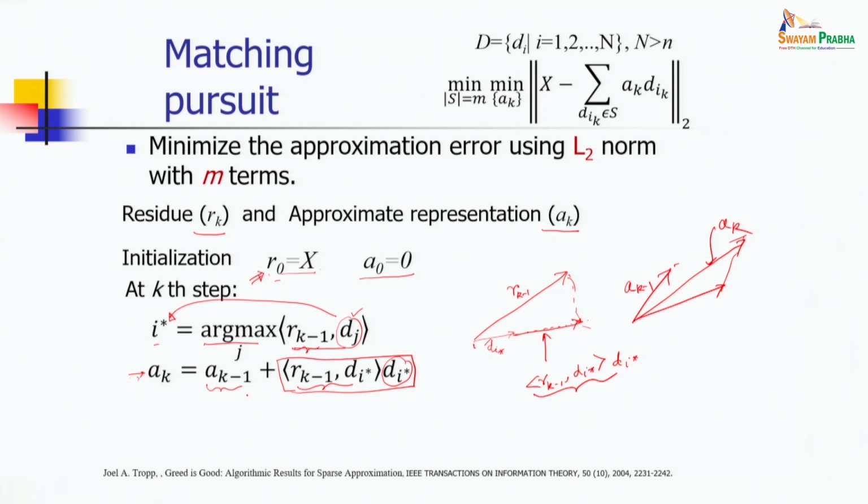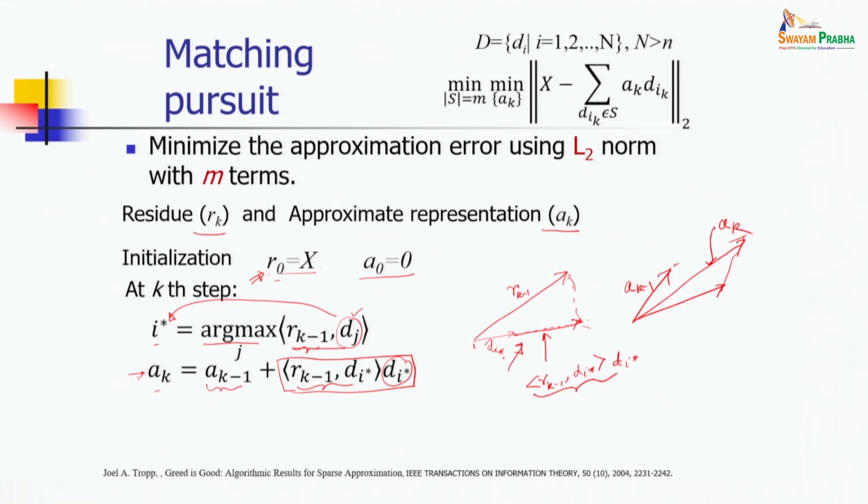You go on doing these things until you find that the vector ak is very close to x. But one of the issues, as you can see, is that you may get the same vector again at some other step.